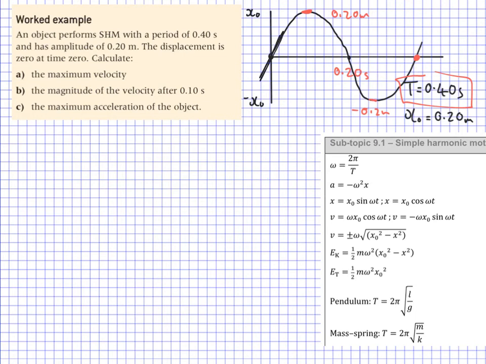Because this is a displacement-time graph, it would be here and here. That would be the peak of our velocity-time graph. And at that point, because we're dealing with sine and cosine graphs, the maximum value of that sine or cosine graph must be 1.